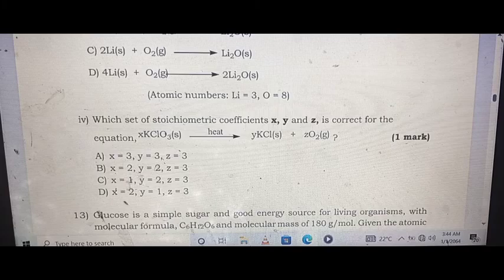The correct answer is letter B. X is 2, Y is 2, and Z is 3. 2 potassium chlorate in the presence of heat forms 2 potassium chloride and 3 oxygen.